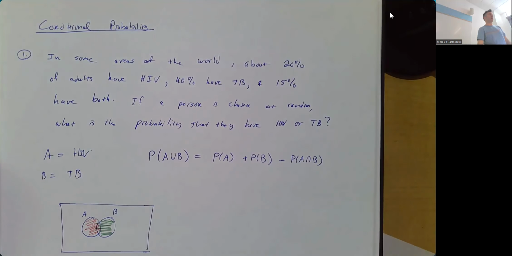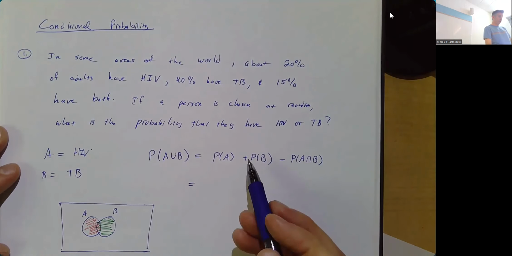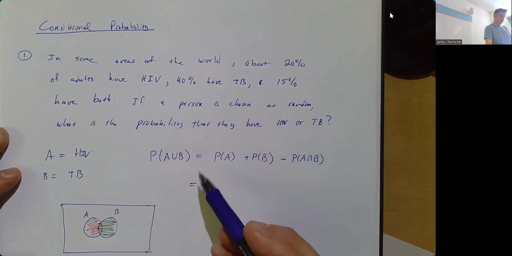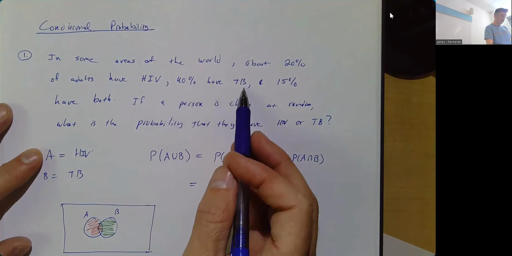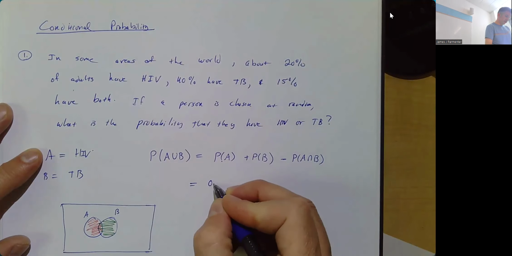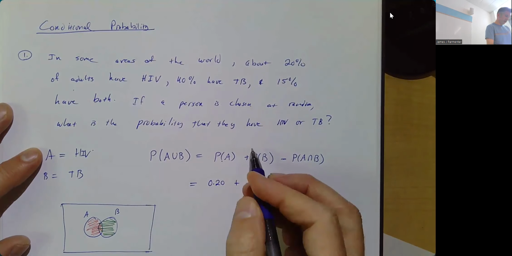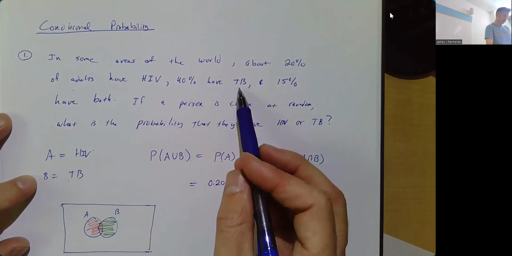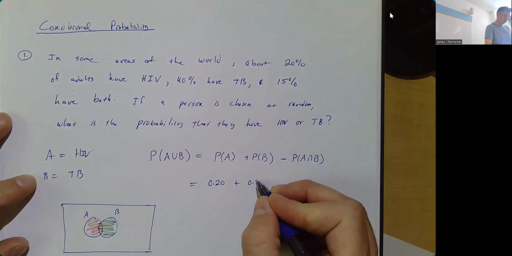This is an example of the inclusion-exclusion formula, where if you're including something twice, you then have to exclude it once. In this particular example, the probability of A was 20%, which is 0.20. The probability of B, which was having tuberculosis, was 40%, or 0.40.